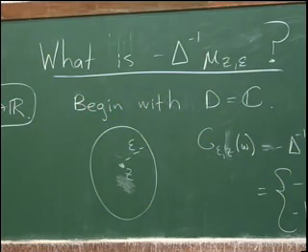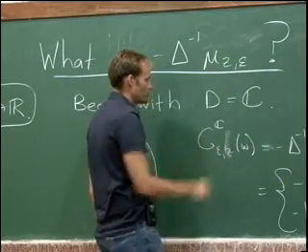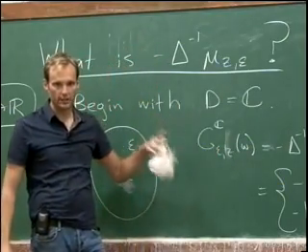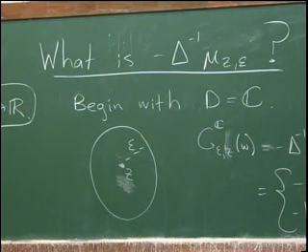Maybe I didn't state it, but let's put a C here to indicate that this is the Green's function for the whole plane. For the D version, what we're trying to solve, remember, is this equation to find the inverse Laplacian.